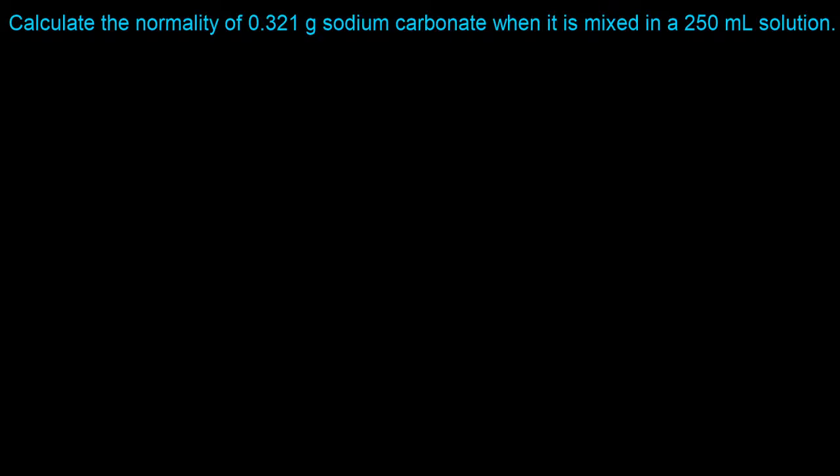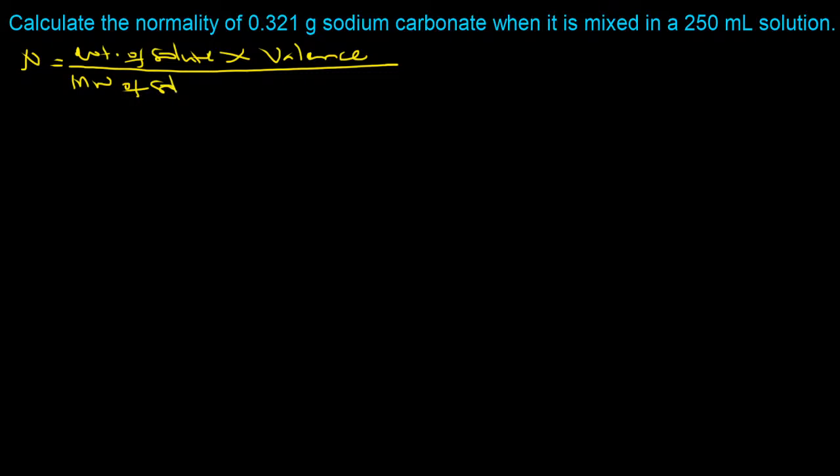So the first thing we'll do is make use of the equation that your normality is actually equal to the weight of solute times the valence divided by the molecular weight of solute times the volume of solution in liters.